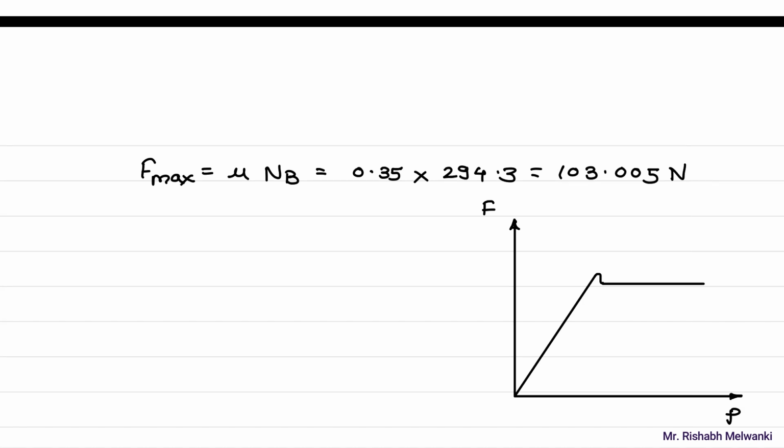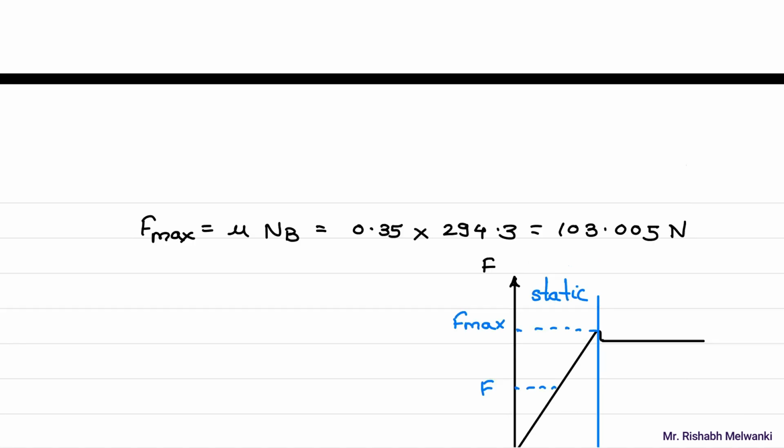Here this value is F max, and whatever we have found, that value is F. In this region we have static equilibrium, and beyond this there will be motion of the body.